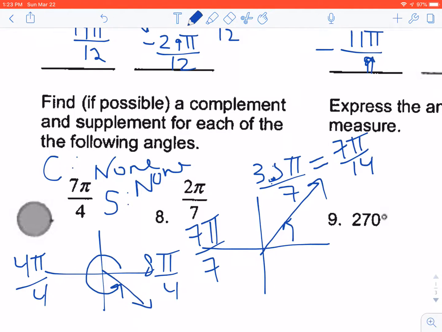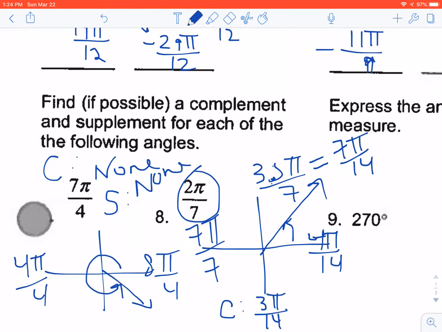So that would be 7 pi over 14. 2 pi over 7 is 4 pi over 14. So to figure out the complement, I'm trying to figure out what I would add to 2 pi over 7, or 4 pi over 14, to get 7 pi over 14, and that is going to be 3 pi over 14. So the complement will be 3 pi over 14.